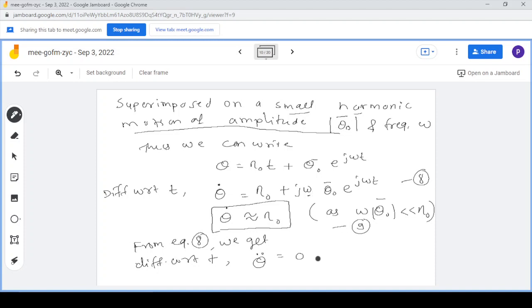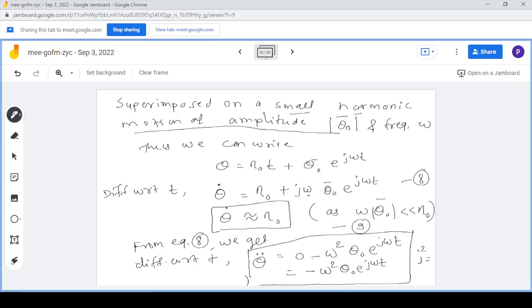We know that j into j will be minus 1, right? Because j square is minus 1. So what we get here is minus omega square theta 0 e raised to j omega t. Okay, this is the expression we get, that is minus omega square theta 0 e raised to j omega t, because j square is equal to minus 1. So let us call this expression 10.